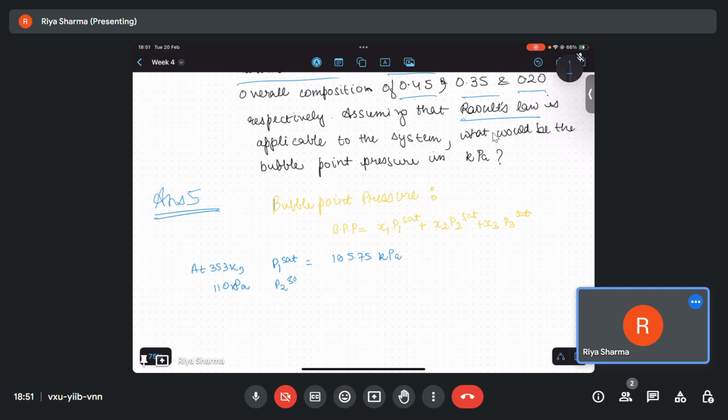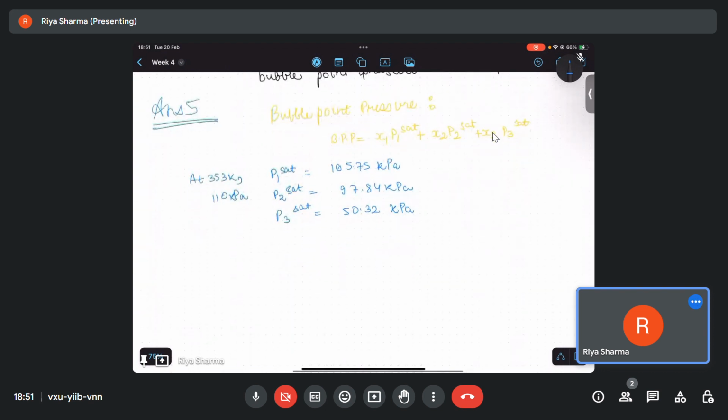P2 sat is equal to 97.84 kilopascal, and P3 sat is equal to 50.32 kilopascal.